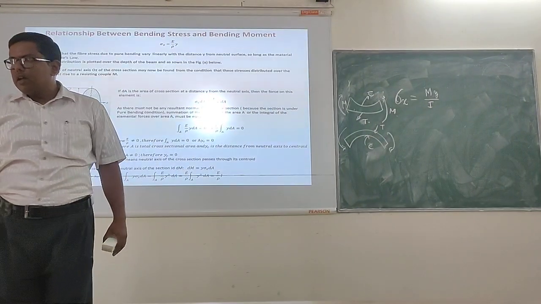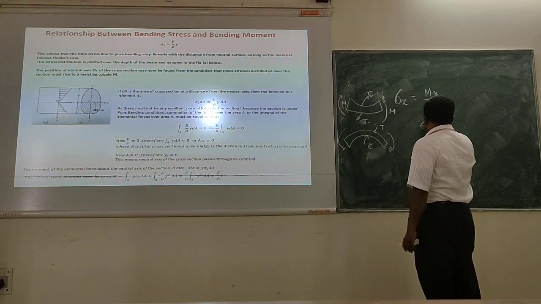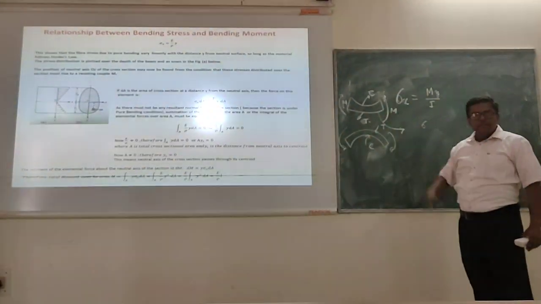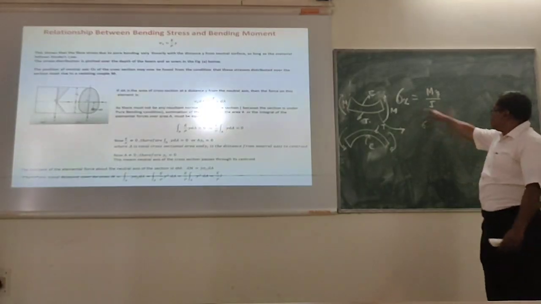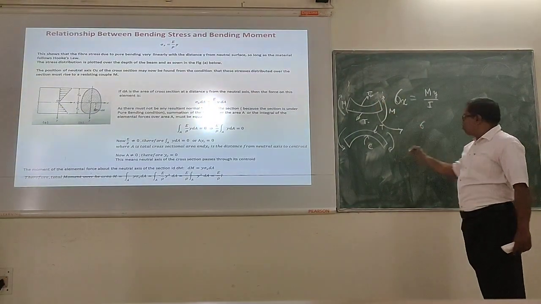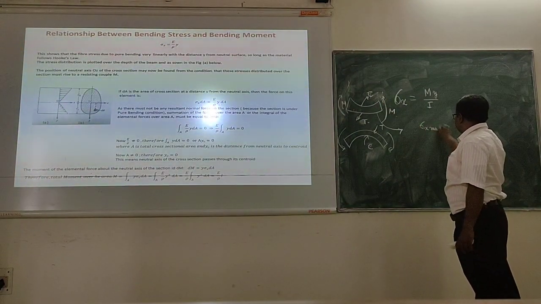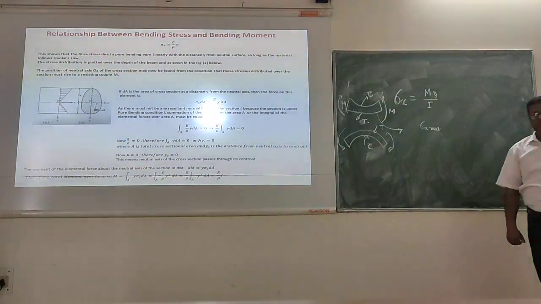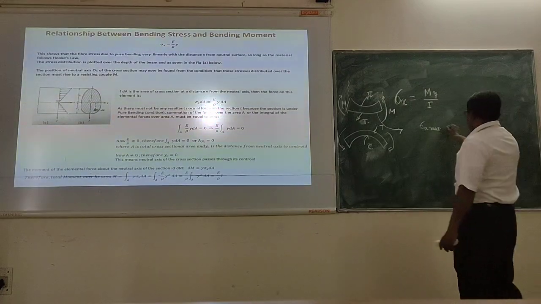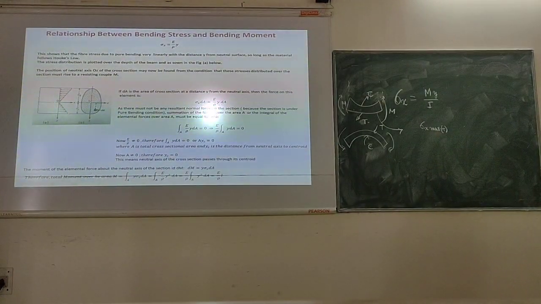Now, if C1 and C2 are the distances, then what can I say for this sagging condition? The bottom fiber will be under tension, the top fiber will be under compression. So sigma x maximum under tension will be how much?